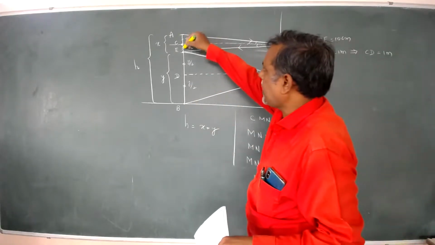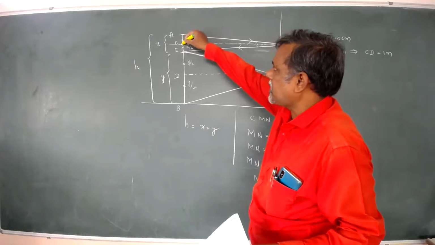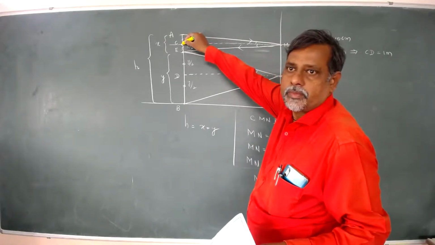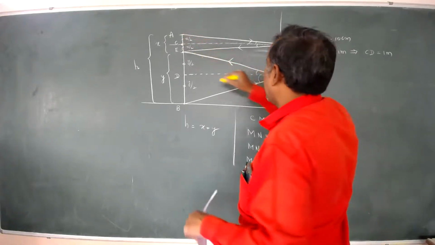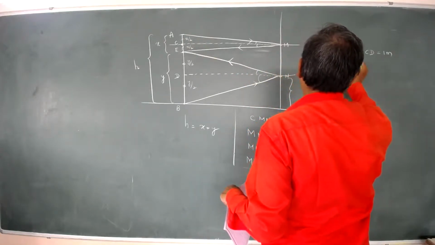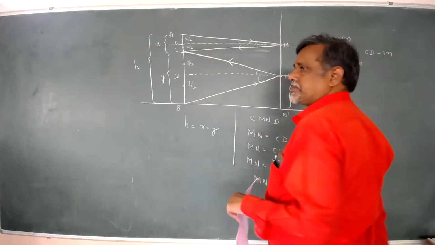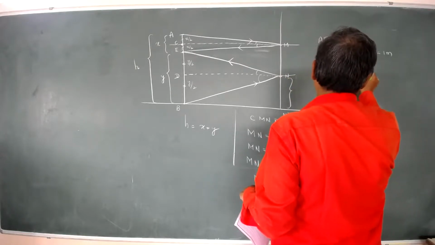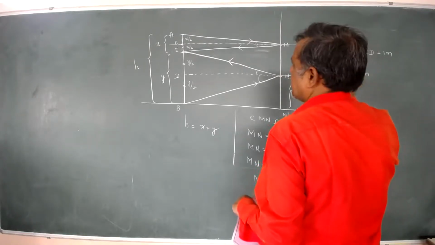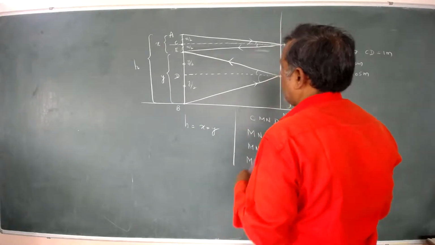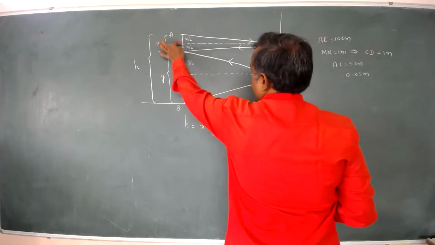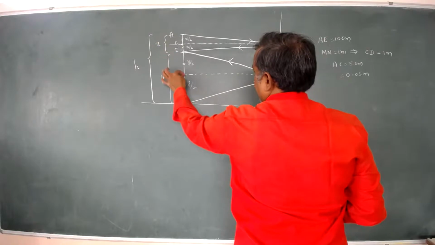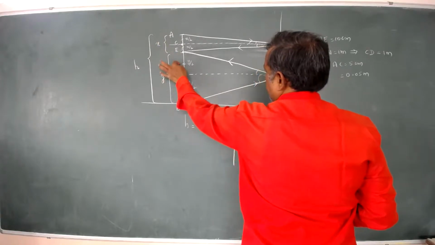So from here to here is 10 centimeters, from here to here 5 centimeters. So AC is equal to 5 centimeters, which means 0.05 meter. Right? Now, AC is 0.05, CD is 1 meter.